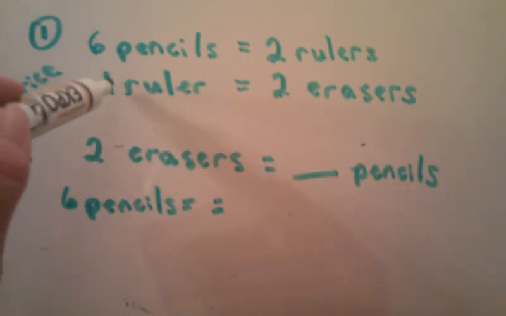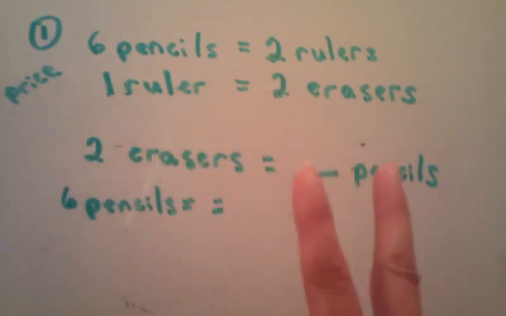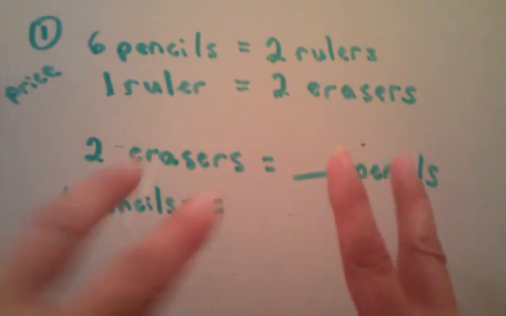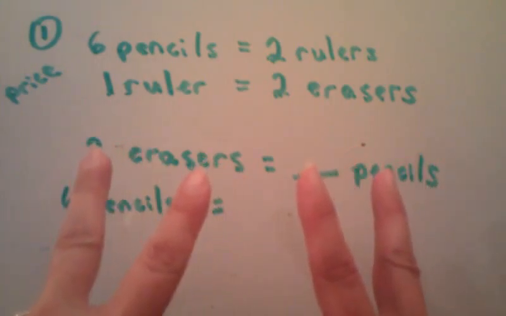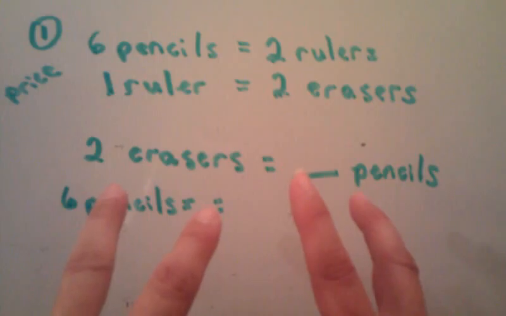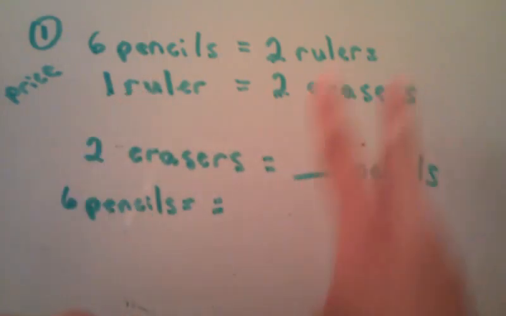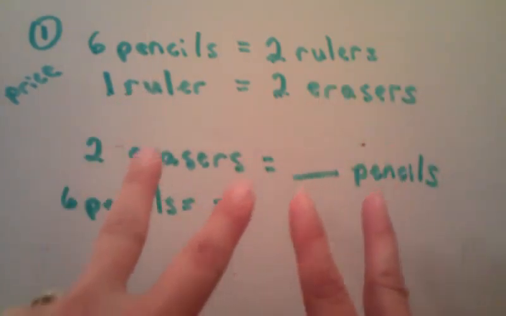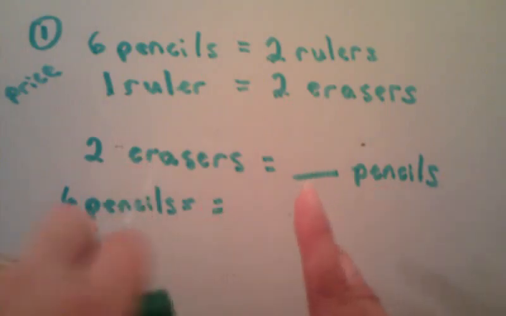So here's 1 ruler is 2 pencils. So another ruler is 2 pencils. Erasers. 1 ruler is 2 erasers. Another ruler is 2 erasers. So that's 1, 2, 3, 4.